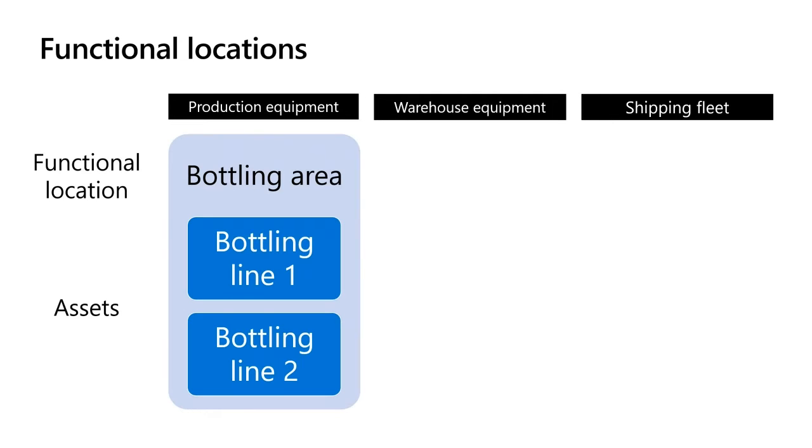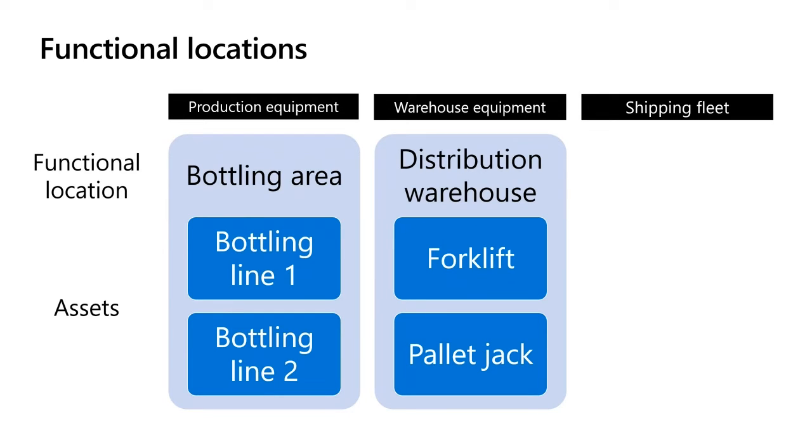In our production plants, we may, for example, have a functional location that represents the entire bottling area, and that would be where our 2 bottling line assets are installed. In a warehousing scenario, we may have a functional location that just represents the entire warehouse, and that's what we'll install our forklift and pallet jack assets against.